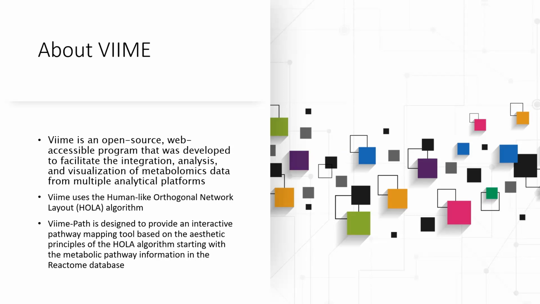So you generate data from each of these platforms, but really you have to analyze the data separately. There's really no resource or program that integrates all this data. So what VIIME does is it integrates from your NMR, you can input as many as, I don't know how many data sets you can actually input on VIIME, but so far I've seen that you can input up to 3 data from different platforms.